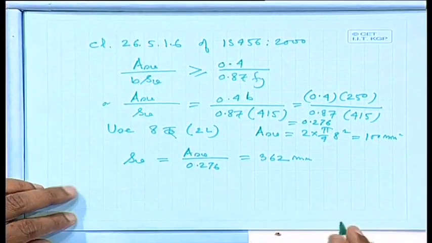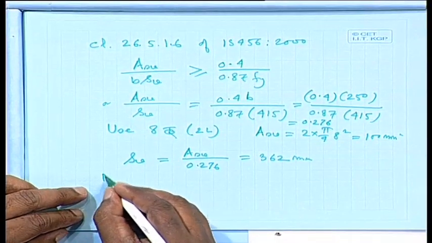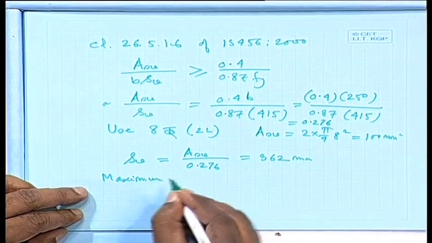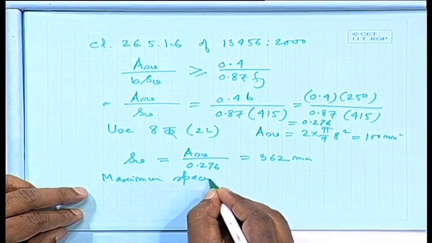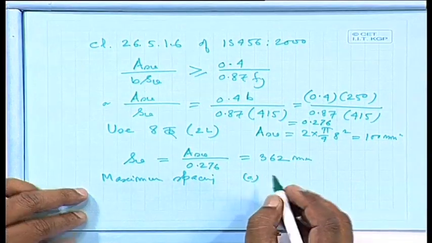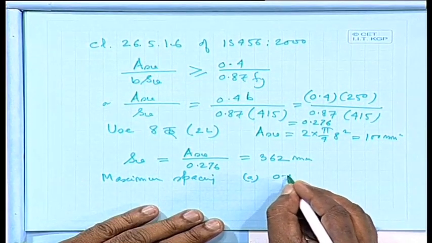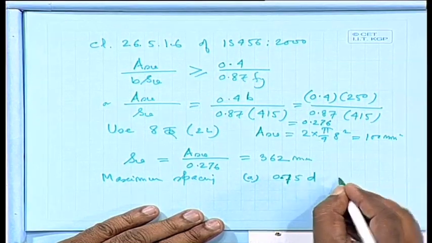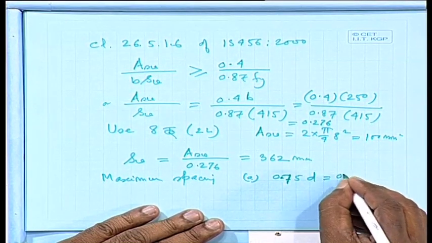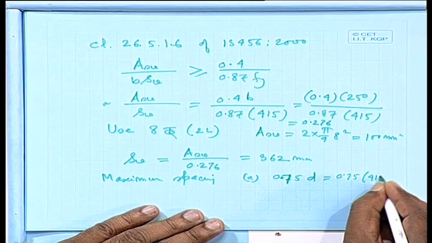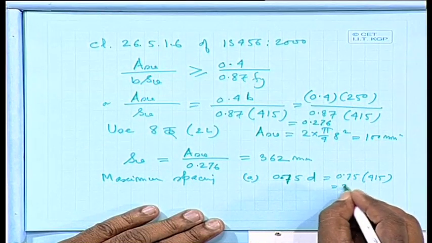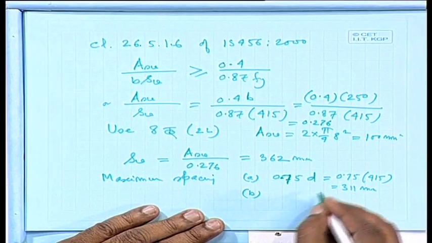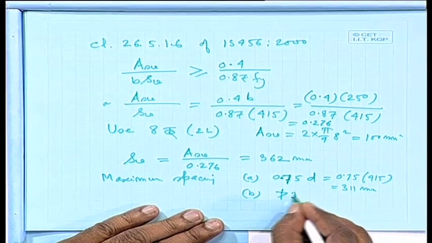What about the spacing? Maximum spacing: 0.75 D equal to 0.75 times 415 comes as 311 millimeter, or not greater than 300 millimeter.